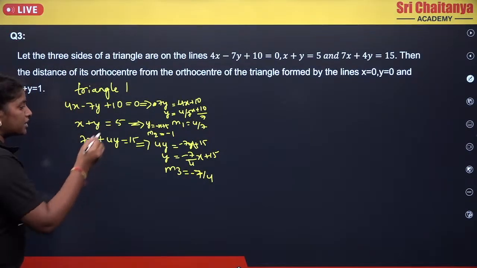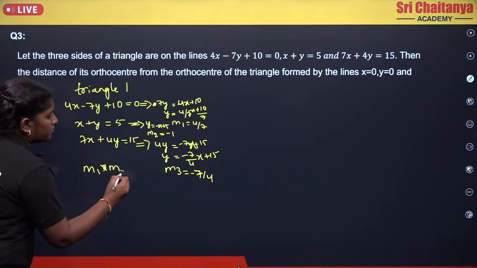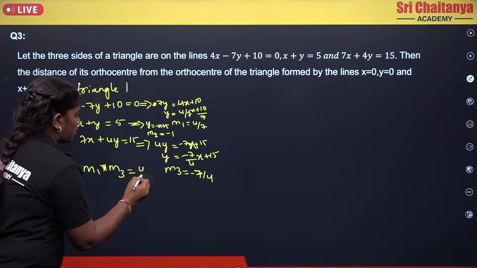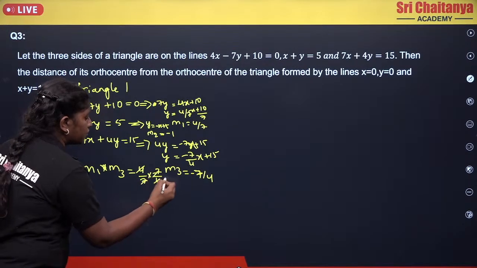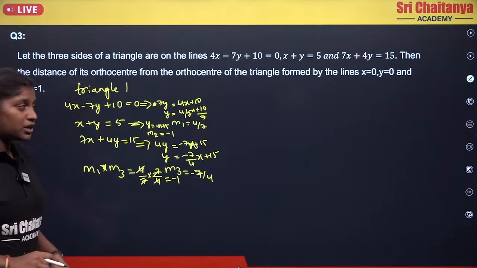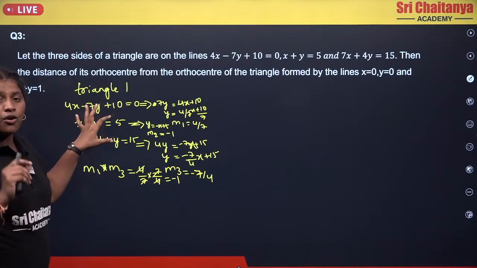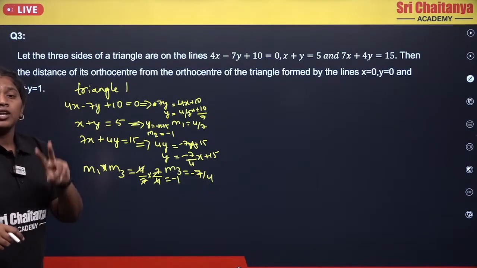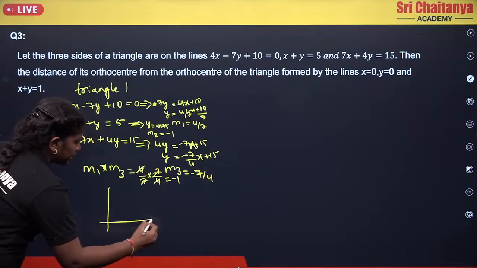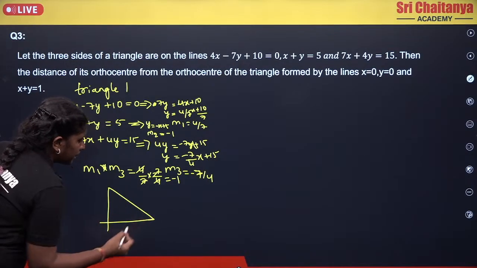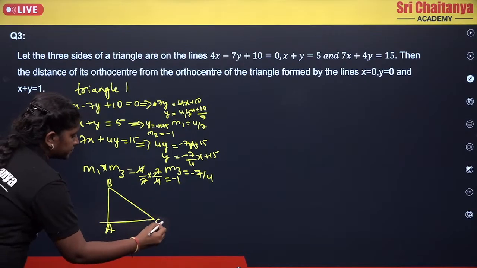Now, if you observe here clearly, what is the value of m1 into m3? So, m1 into m3 will be 4 by 7 into minus 7 by 4. Okay, 4 will get cancelled. So, here we got minus 1. It means what? The product of slopes of the first side and the third side we got as minus 1. It means those two are perpendicular. It means here we will get a triangle. So, we will have A and B and C. Okay.